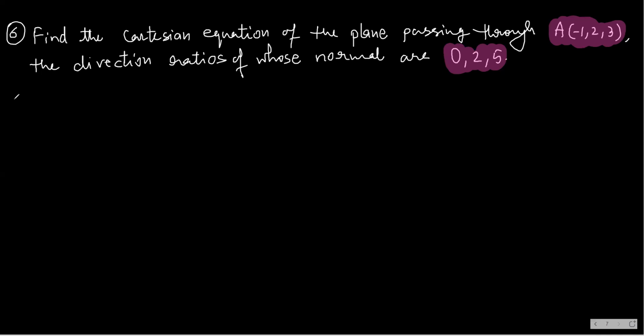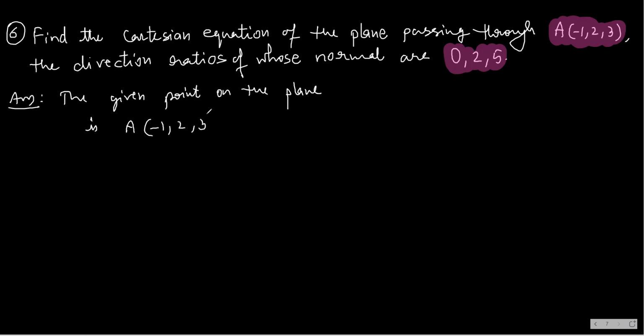I will start writing the solution. The given point on the plane is A (minus 1, 2, 3). Then I will write the vector perpendicular to the plane.